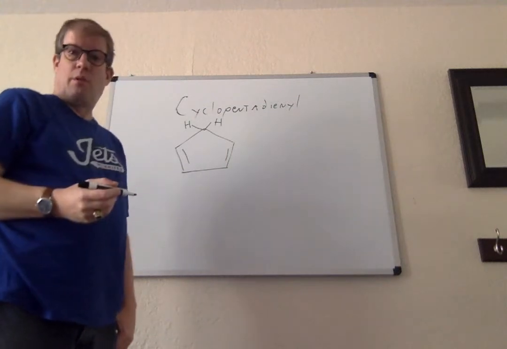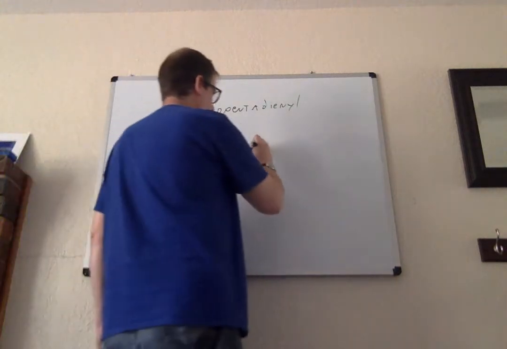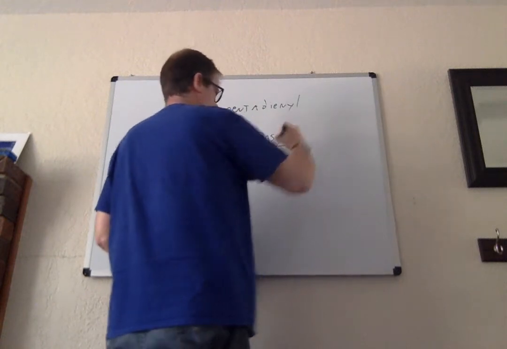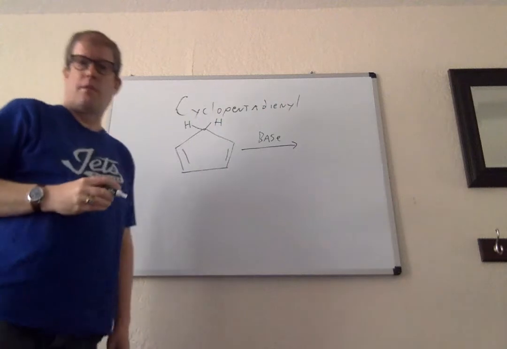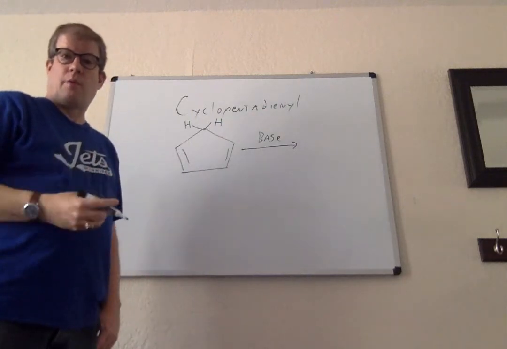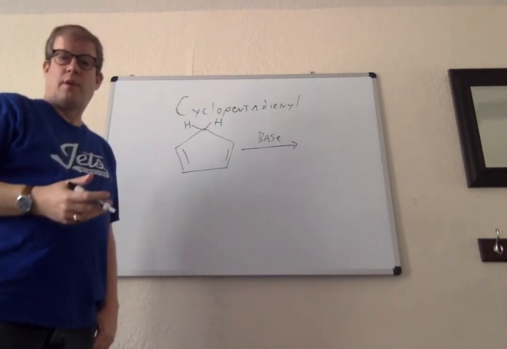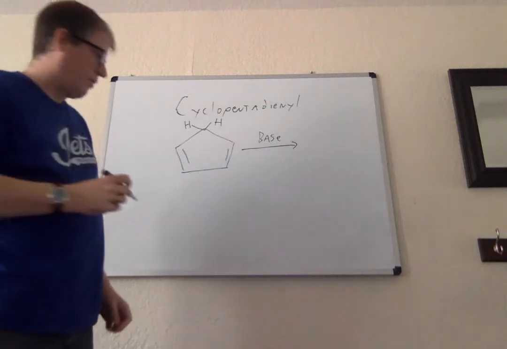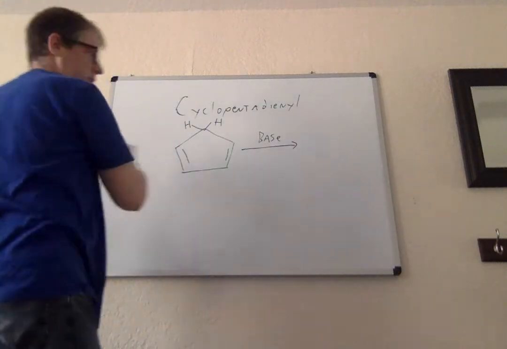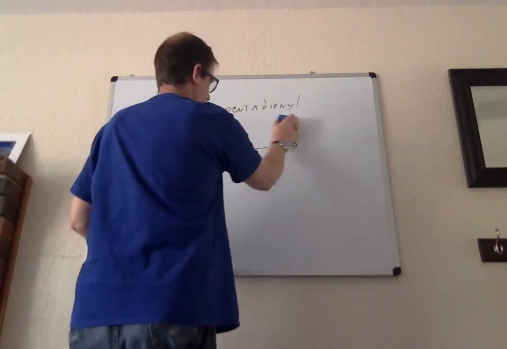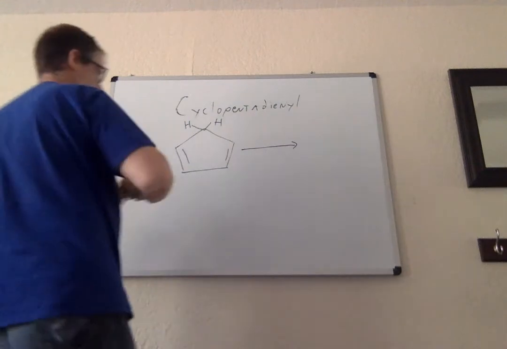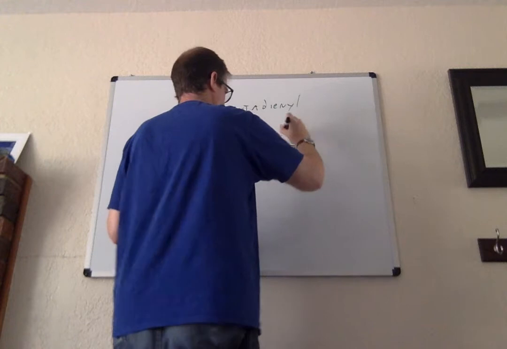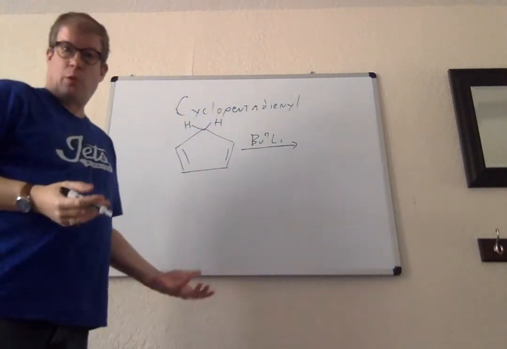And what you can do relatively easily is use a relatively strong base, and one of these would actually be, for example, the organolithium reagents that we were talking about earlier in the class. And so we could specify that, n-butyl lithium.